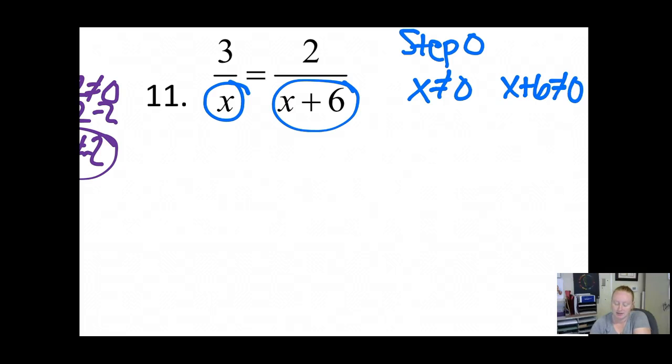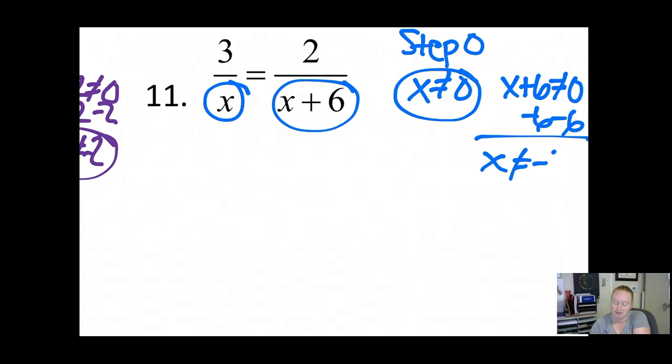One mistake I'm seeing in class right now is that some of you are doing this. Okay? They can equal themselves. I just need it not to be 0. So I'm not quite done yet. This one was easy. This one I'm going to subtract 6 from. I get x does not equal negative 6.